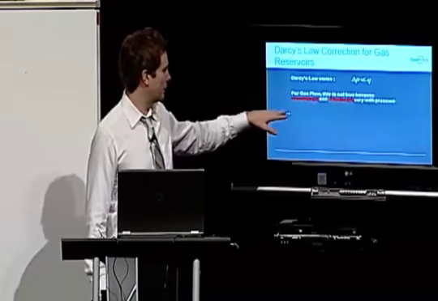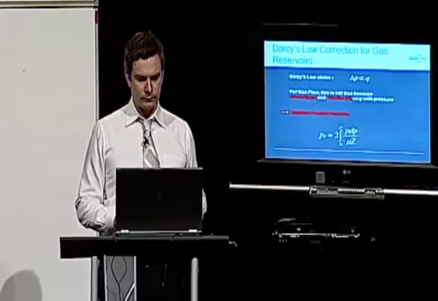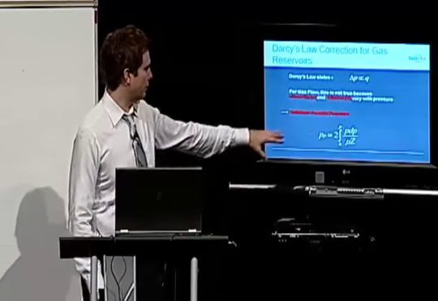For gas, the viscosity and the Z factor have a significant influence on the pressure loss or the drawdown in the reservoir. And they vary significantly with pressure. So what ends up happening is that there's more of a pressure loss for a given flow rate in a gas reservoir than just the delta P. Okay? And we solve that problem with pseudo pressure.